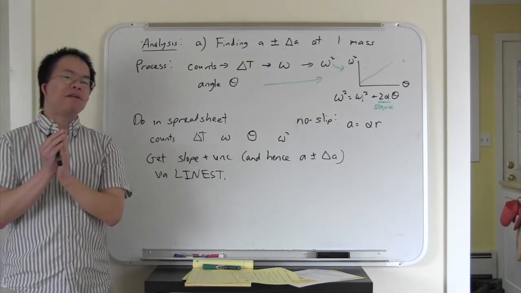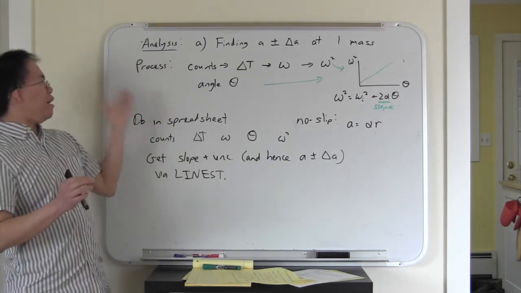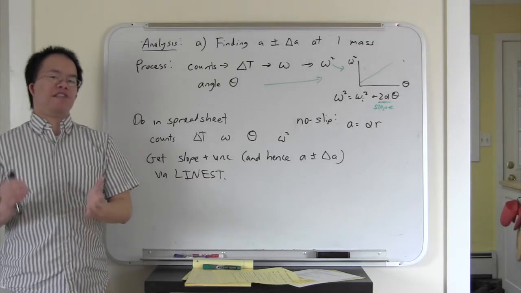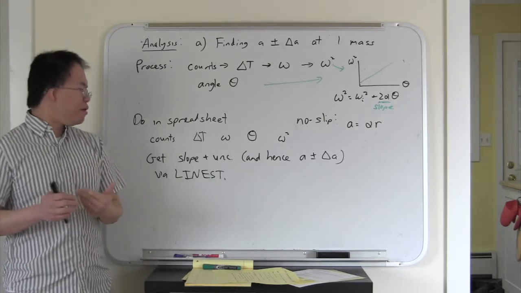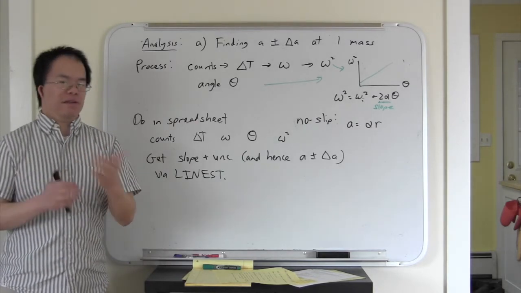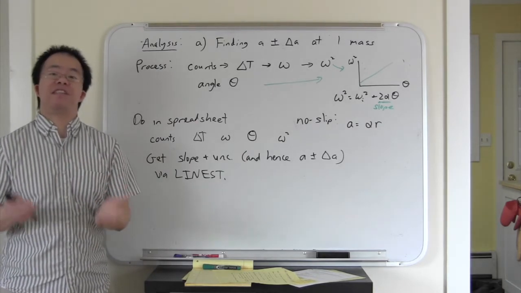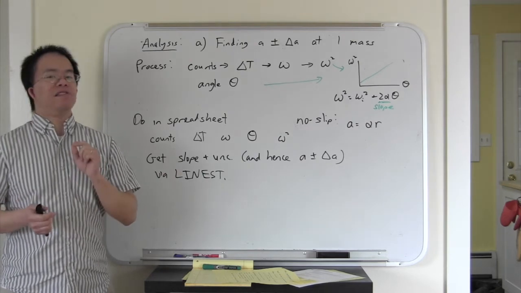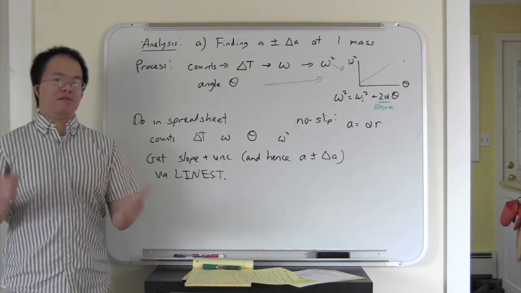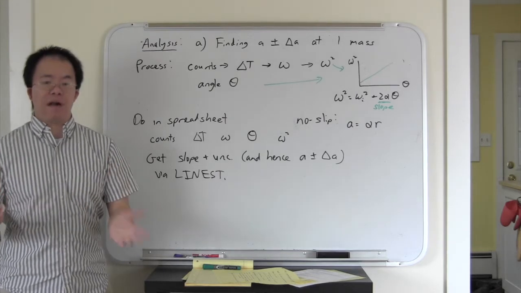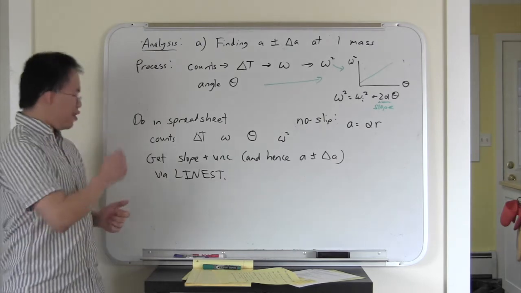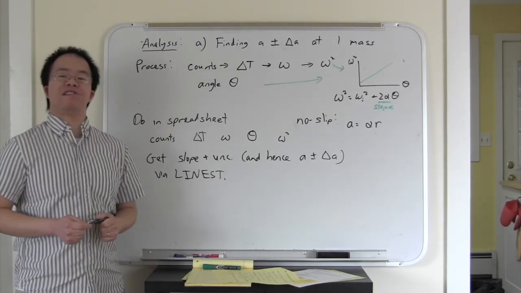I think you'll be able to convince yourself that for our count data and our angle data, those uncertainties are in fact small, and that any uncertainty in the slope should be dominated by the statistical best fit issues. That is not a good way to think about things when there are significant uncertainties in the data points themselves. I'll say more about that in a second when I talk about the next bit of the analysis.